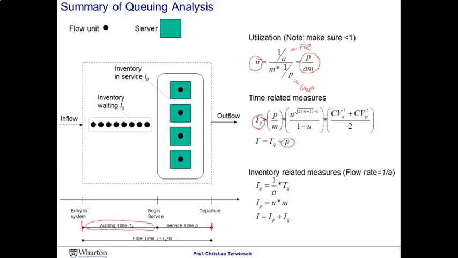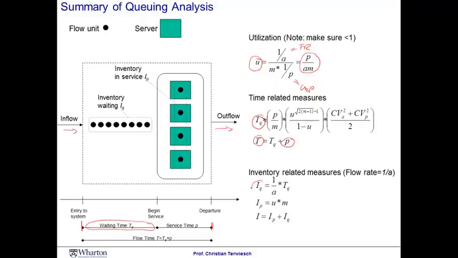Notice that by Little's law, I can also compute the inventory. Since I hold the flow rate constant, that's the rate of demand, I can simply apply Little's law. I have the flow time, I have the flow rate, and I can compute Little's law. This is summarized over here.